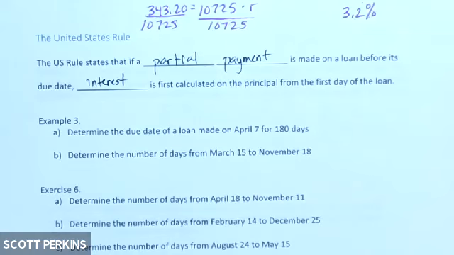So apparently there was some issue. I don't know the background of this. I don't know if people wanted to make a partial payment and weren't allowed to by the banks, or I don't know if they were trying to do something goofy with the interest.